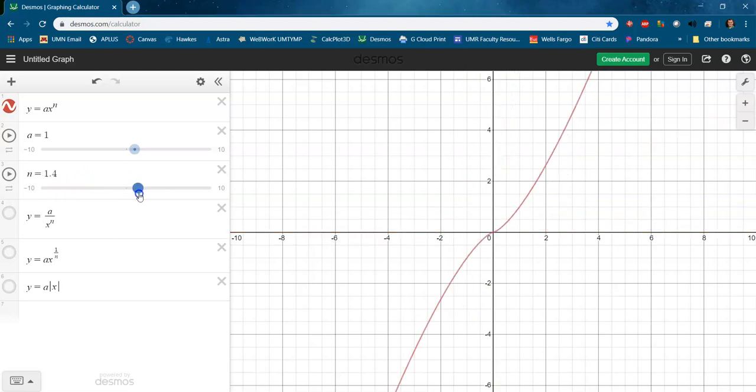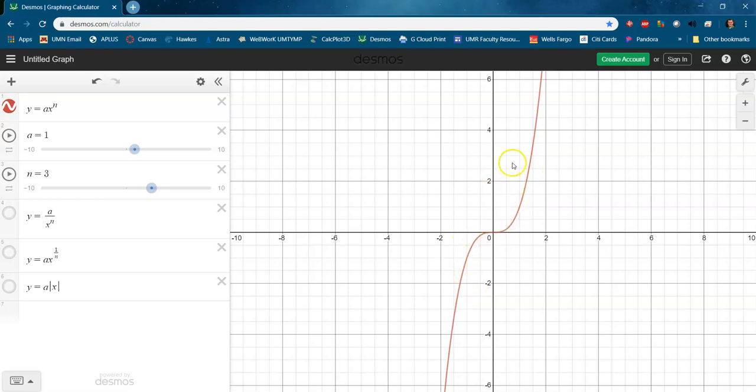If n is 2, we get our parabola, which is x squared. If n is 3, we get this nice snake shape, and this is the graph of the cubic function. We have an intercept at (0, 0).